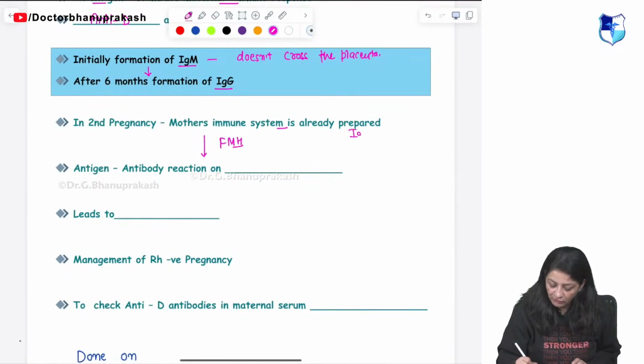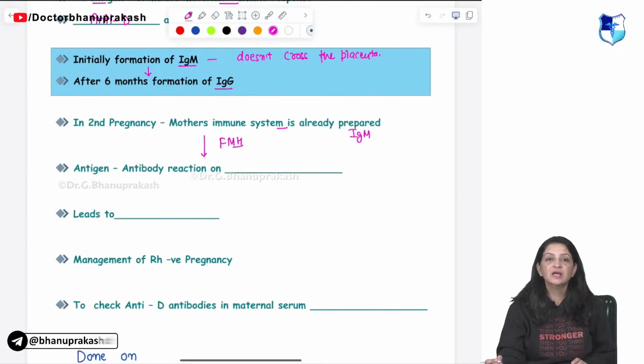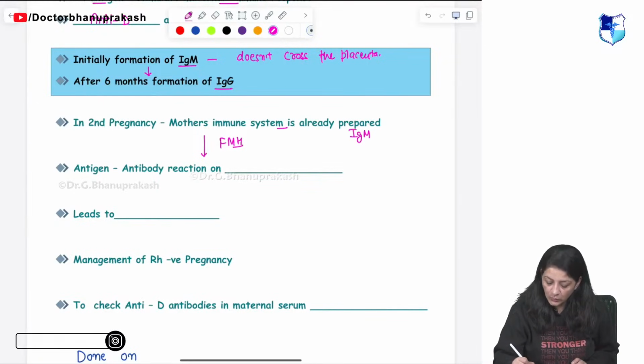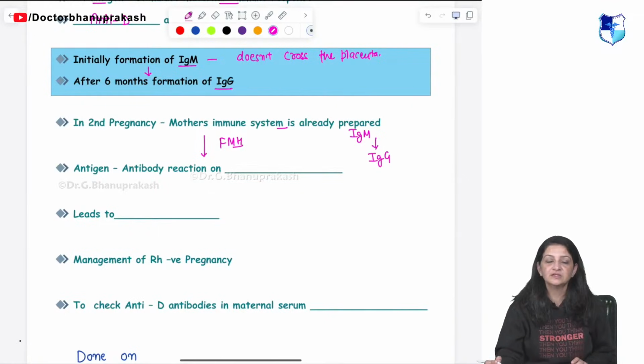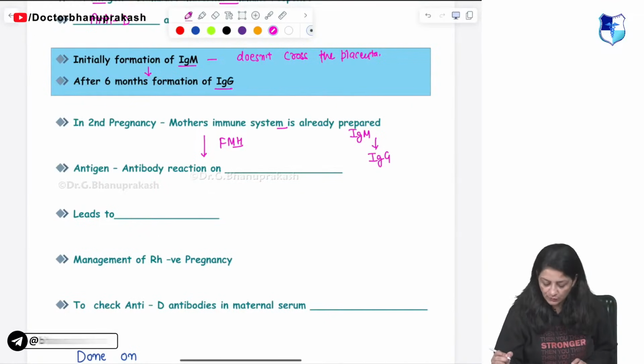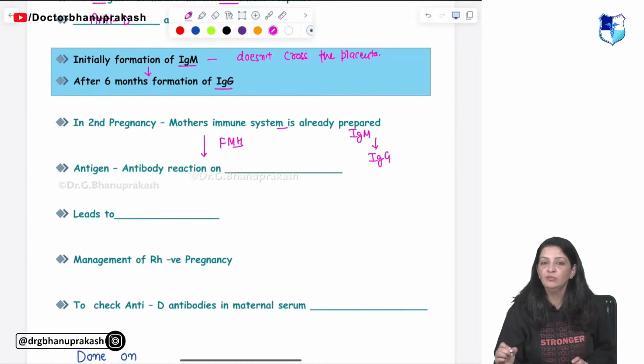So first of all, there is formation of IgM antibodies, then quickly there is formation of IgG. This is called the anamnestic response.